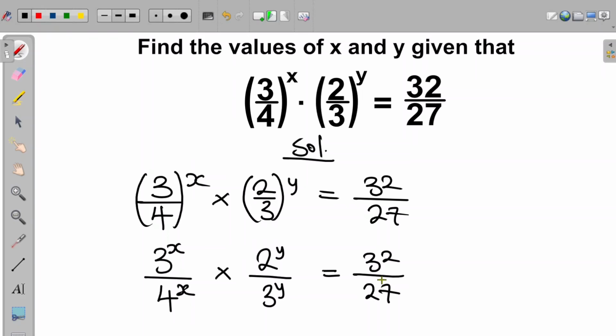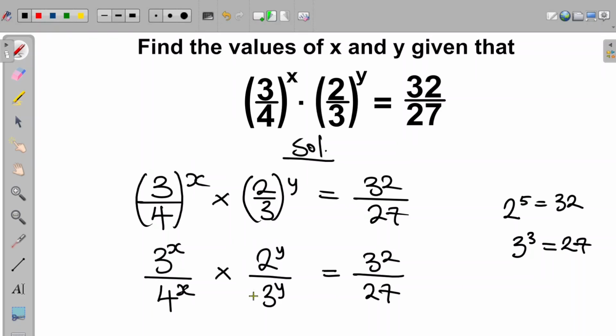Now, at this point, let us express 32 in powers of base 2 and express 27 in powers of base 3. So recall that 2^5 is equal to 32, and also 3^3 is equal to 27.